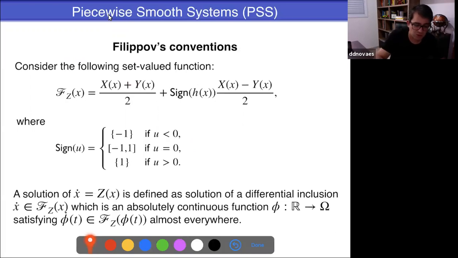Filippov states that a solution of this piecewise differential equation is defined as a solution of the differential inclusion. The solution of the differential inclusion is an absolutely continuous function phi, satisfying that the derivative of phi belongs to this set almost everywhere. Since phi is absolutely continuous, it is differentiable almost everywhere.